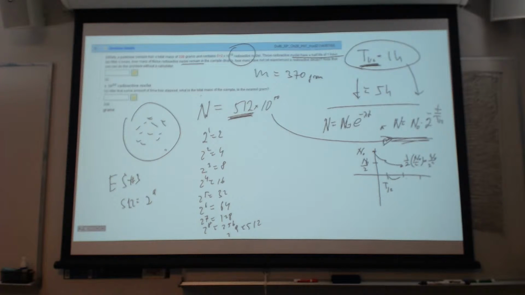You can wait longer and longer, and every time it decreases by half. So if you start from 512 and you wait 1 hour, how many are left? 256.